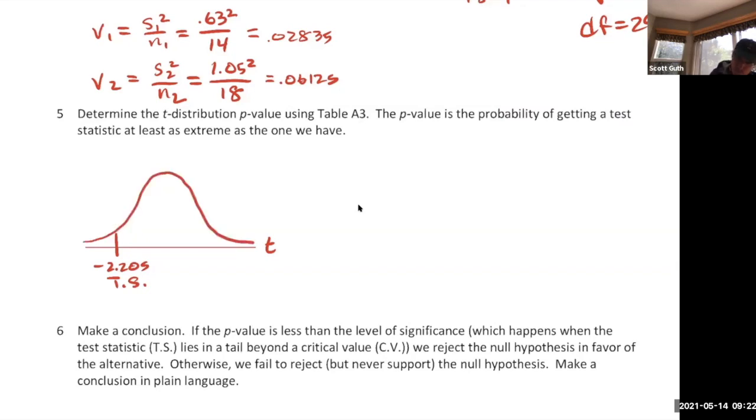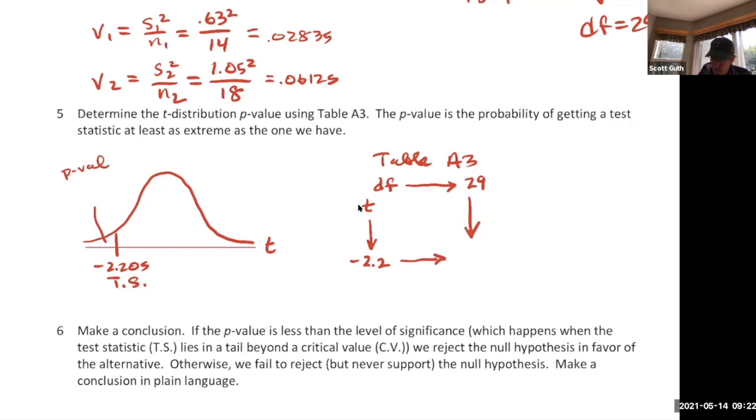So here's our p-value. Okay, and let's go ahead and look at table A3. So for degrees of freedom, you want to go this way to 29. Don't subtract 1 here. You've already computed the degrees of freedom. And for your t statistic, we'll go down to negative 2.2.